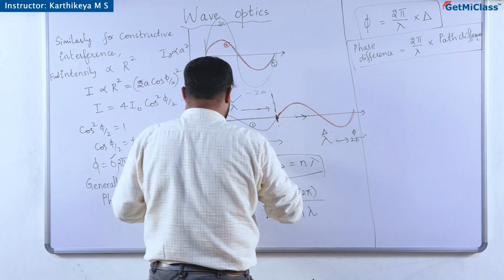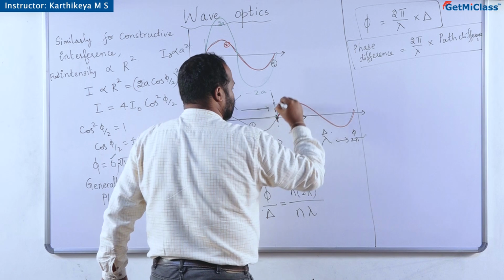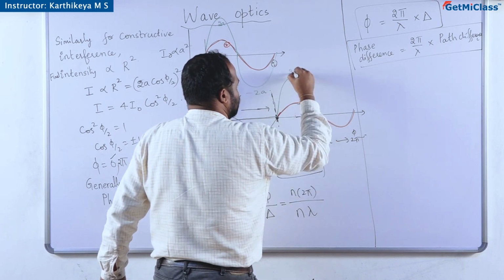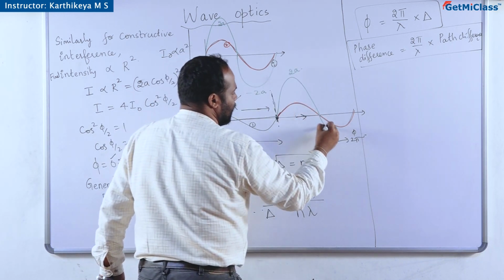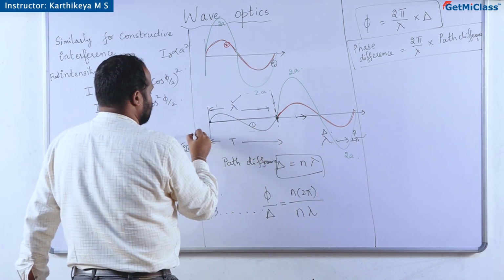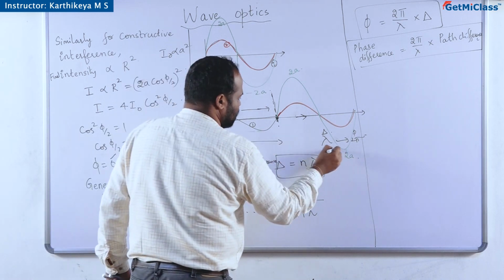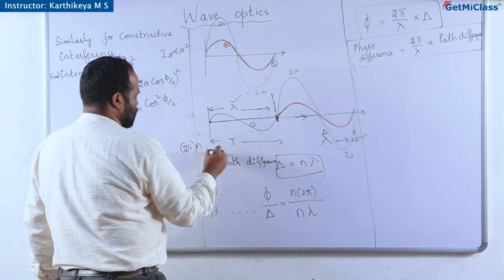However, here it is going to give a constructive interference of 2a and 2a here, whereas this is minus a and plus a here, whereas this is minus 2a.